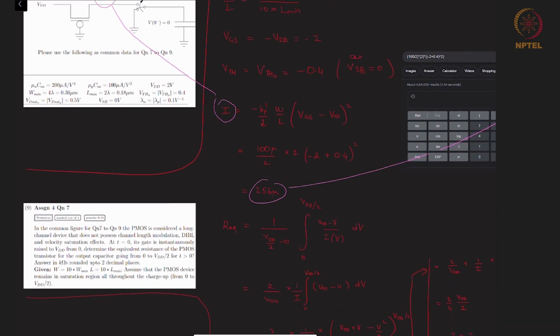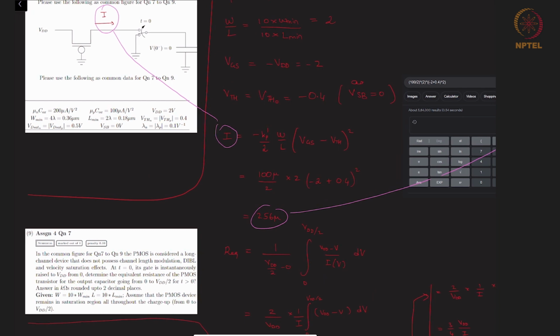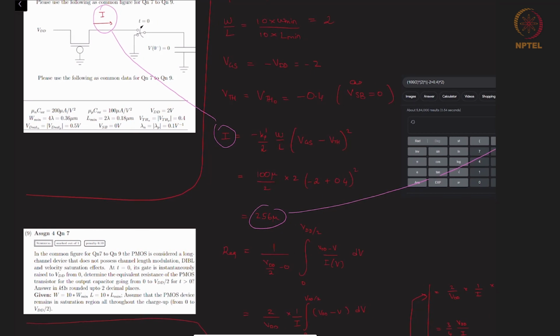Question 7 asks you to assume that it is a long channel device. For a long channel device like this, when you're going from 0 to VDD by 2, it is also asking you to take it that it is in the saturation region. So that is question 7.